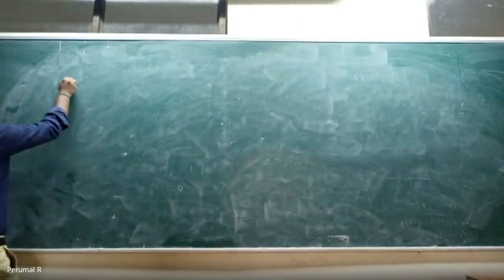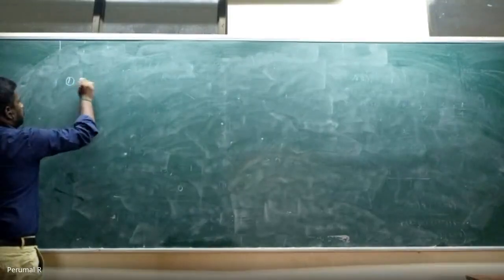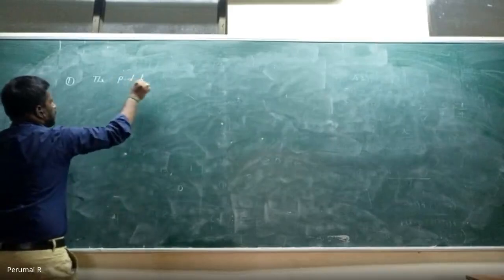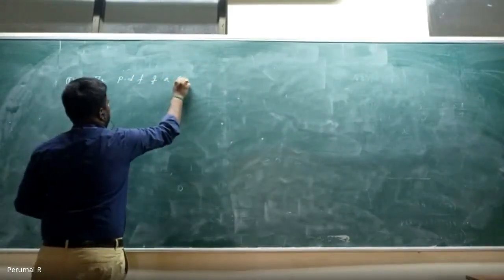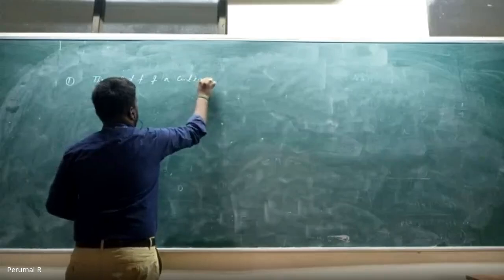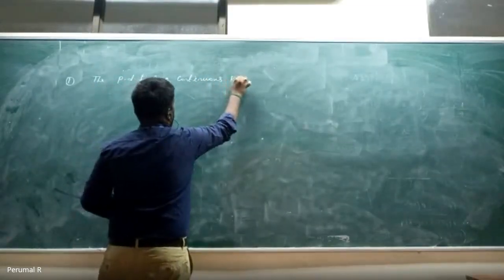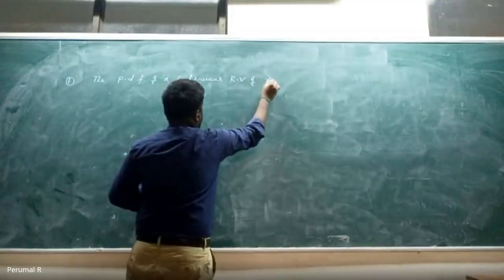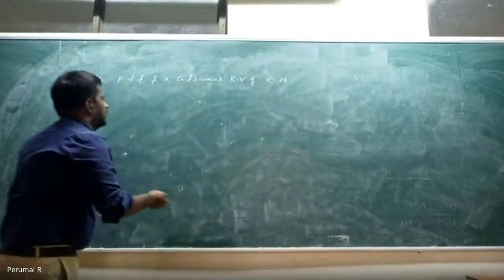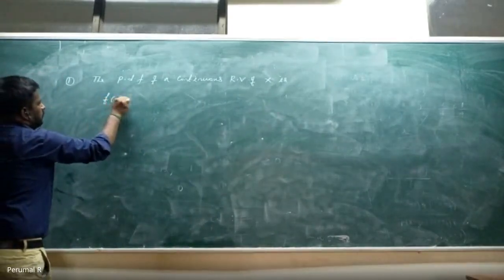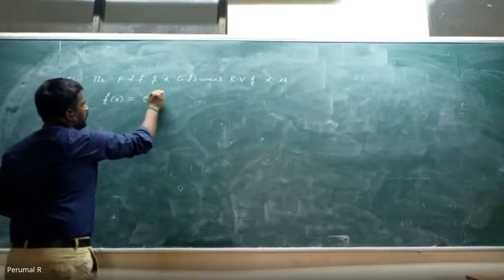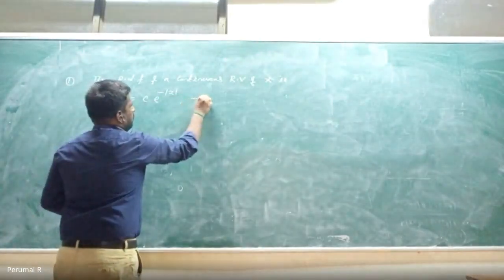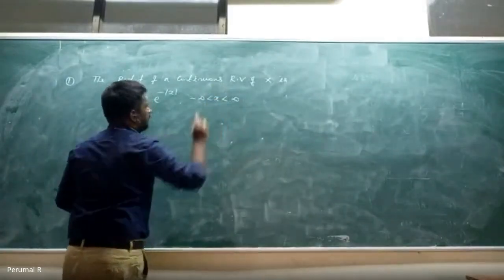So write the first problem. The probability density function of a continuous random variable x is f of x equal to c into e power minus modulus x, for minus infinity less than x less than infinity.